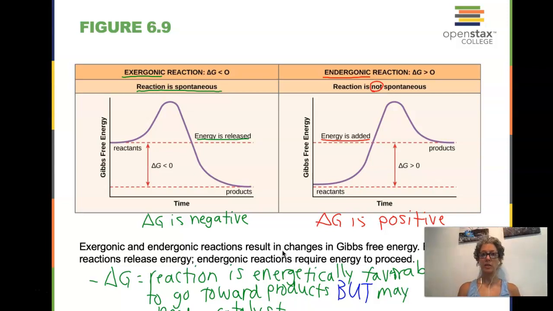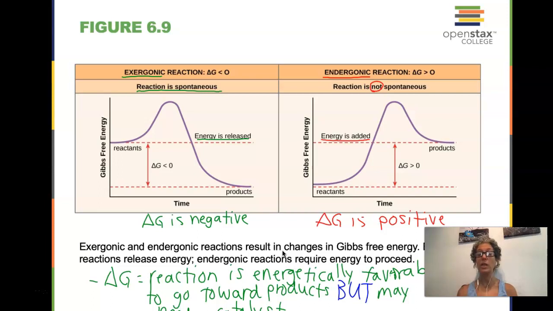The other aspect to whether a reaction is exergonic or endergonic has to do with the Gibbs free energy, which is also looking at the activation energy. What is the energy difference between the reactants and products?